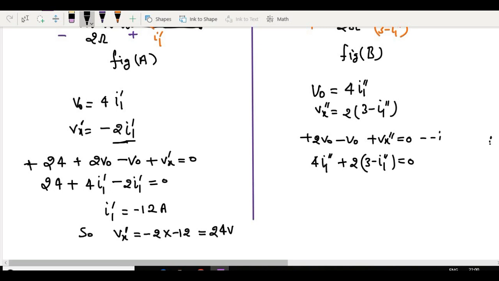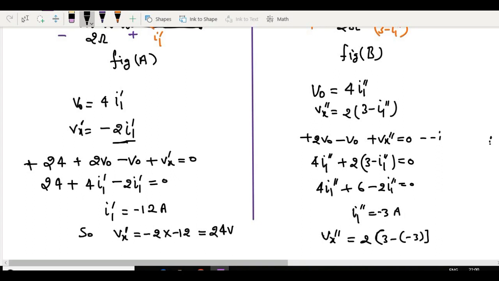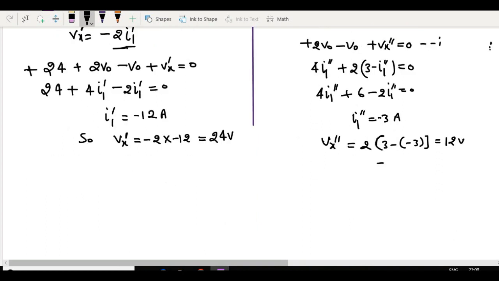Solving, we get I1 double dash equal to minus 3 ampere. So Vx double dash is equal to 2 times (3 minus (minus 3)), so it becomes 12 volt. This is equation number two, and the earlier one is equation number one.